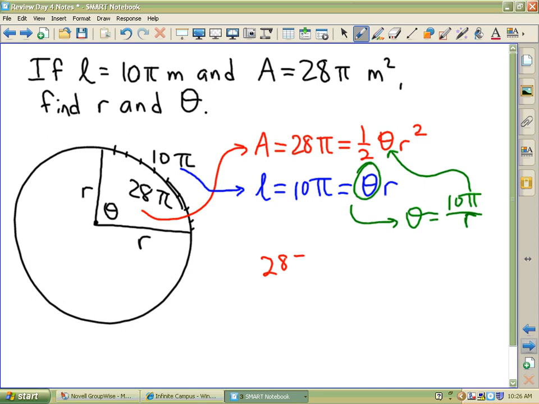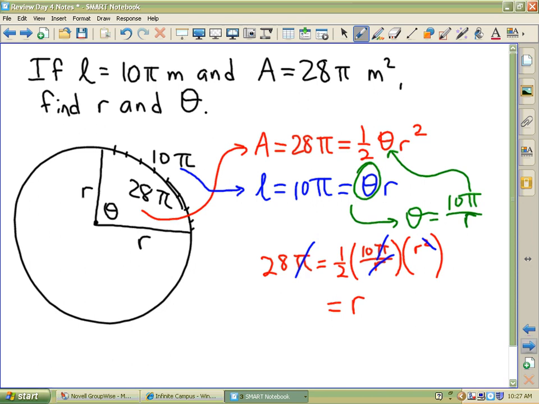So 28 pi is 1/2 theta r squared. The r's drop out. The pi's drop out.